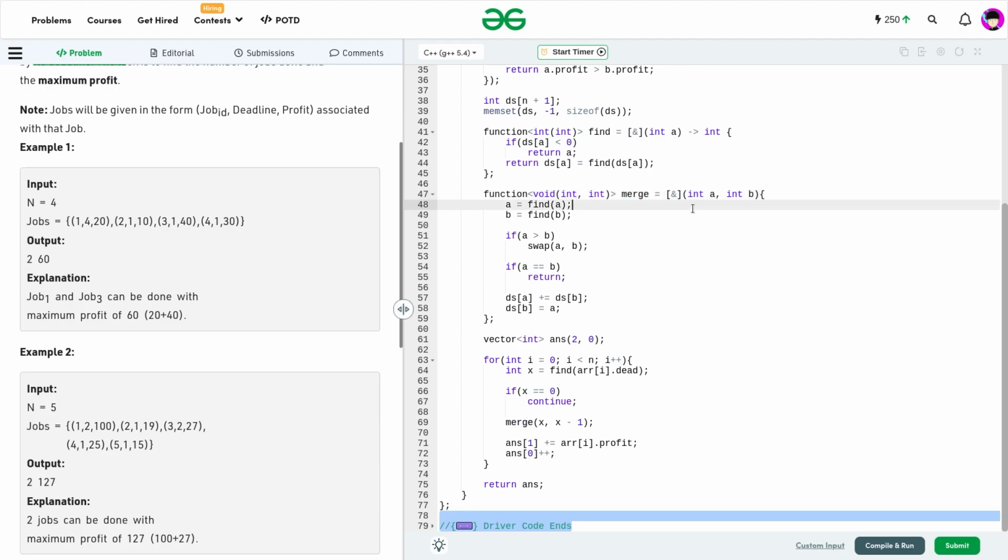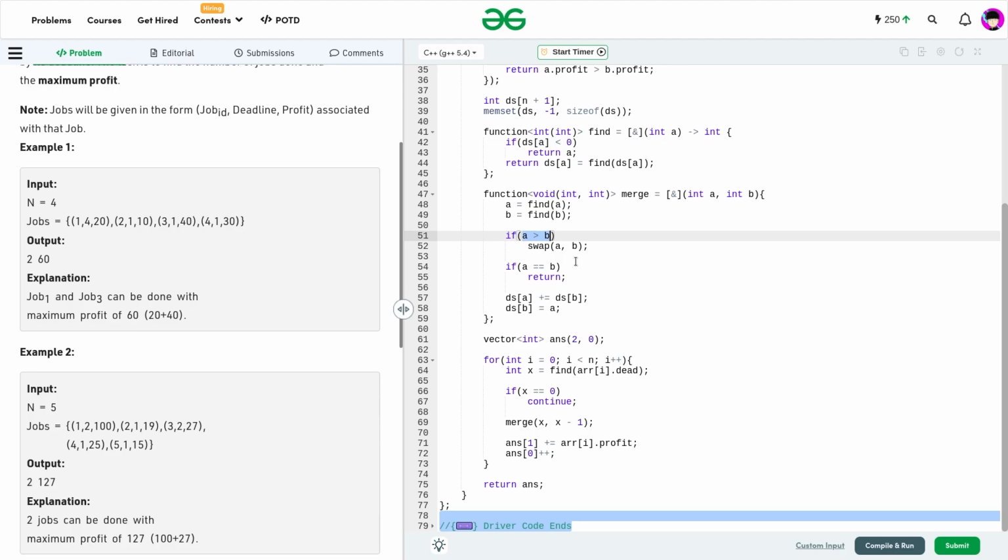In the merge function, I'm finding both of the values, and if both of the values are equal, I just return, and if a is greater than b, I swap both of them. Why am I swapping that? This is because I want the parent to be the lesser value. If there are two values that I have to merge, the parent will be the lesser value, because I want to store the data of the index where I can place my next element.